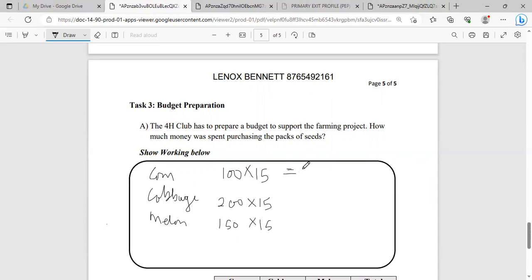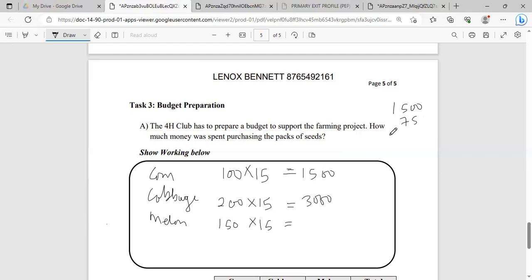So it would be 1500. Now this, if we multiply by 200, we're basically doubling it, so it would be 3000. And for this one, it would be 1500 for the 100 times this, and then a half, which is 50 times the 15, which is half of this, which is 750.